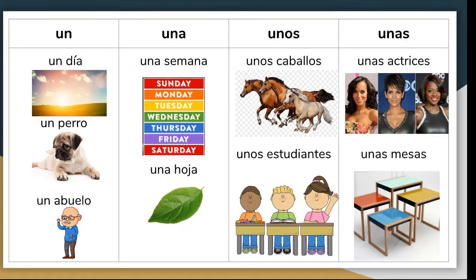We have una semana, una hoja, words that are both feminine and singular in Spanish. Under unos, we have words that are both masculine and plural. Unos caballos, unos estudiantes. And for unas, we have words that are both feminine and plural. Unas actrices, unas mesas.